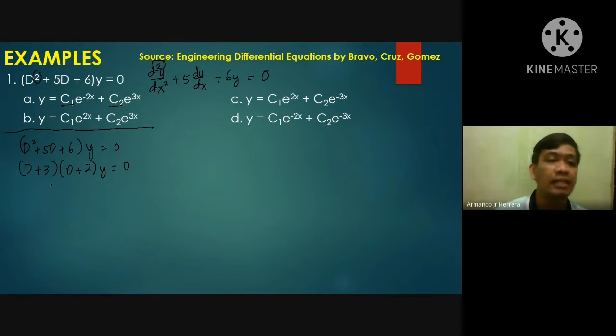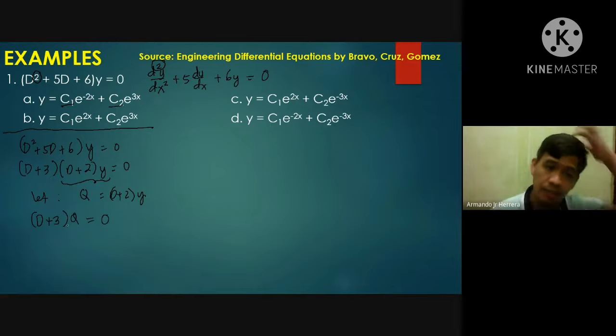Reducing this into first order, from second order to first, as per our objective earlier, by setting this as a single variable, say q. Let q be equal to D plus 2, y. If so, this becomes D plus 3, q is equal to 0.